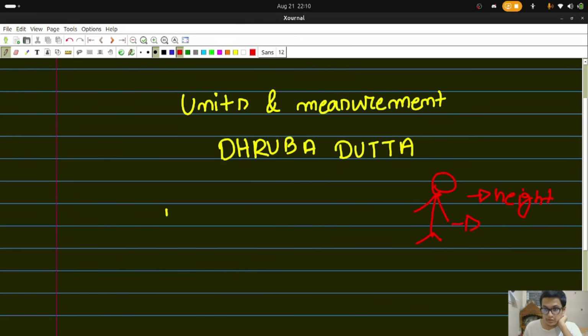Then your weight, or your mass. In terms of science, we say it's your mass because that's how we measure you. Height and mass, these two things are the most important things that we measure.